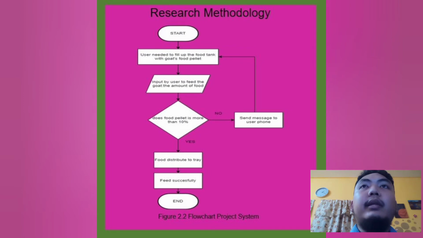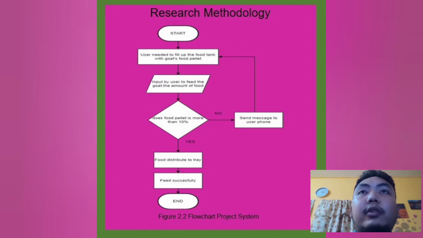So here is the flowchart for the system that I've created for the feeder machine. We have the start, and then the user needs to fill up the food tank with goat's food pellets. After that, the user needs to input the amount of food to feed the goat. The next step is to check whether the food pellet is more than 10%.